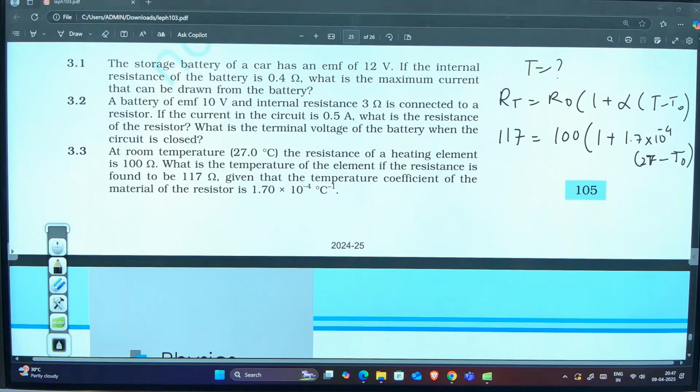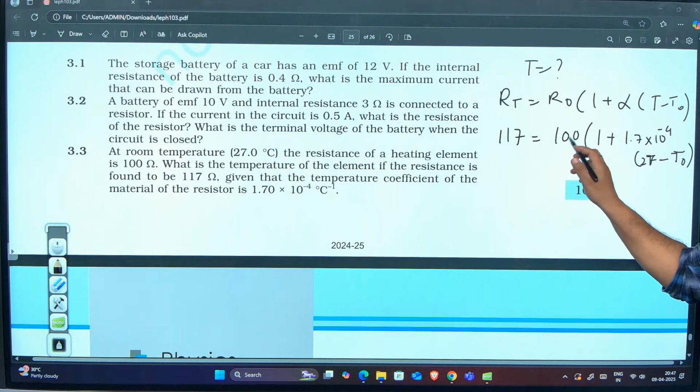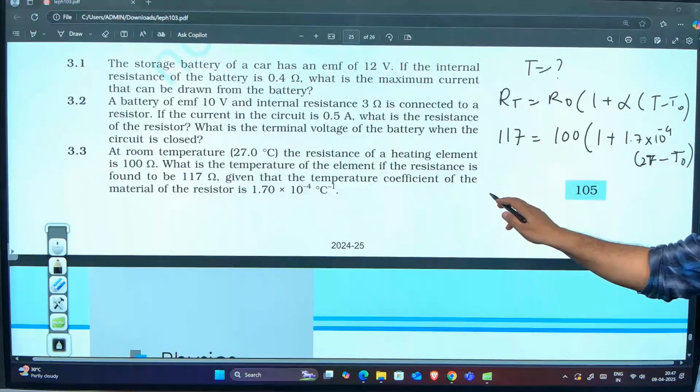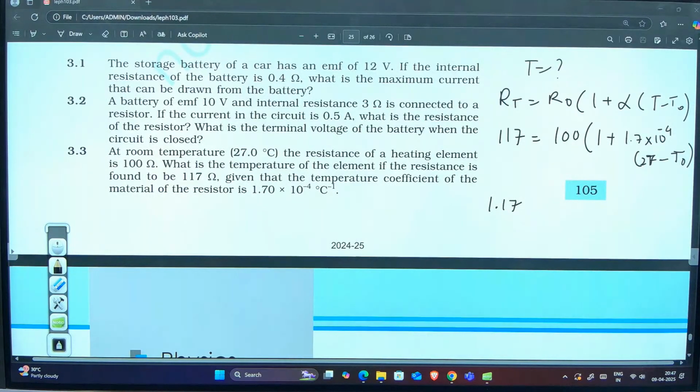Completely your wish. So 117 and 100. It will become 117 divided by 100, which is 1.17. So 1.17 is equal to 1 plus 1.7 into 10 to the power minus 4 into T minus 27. Am I right?